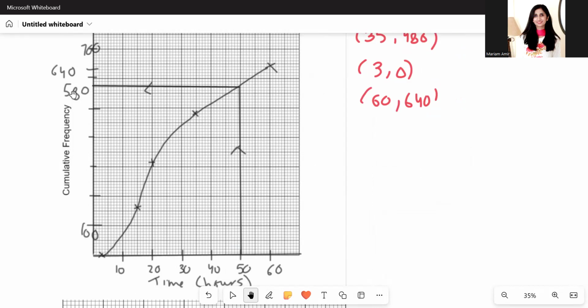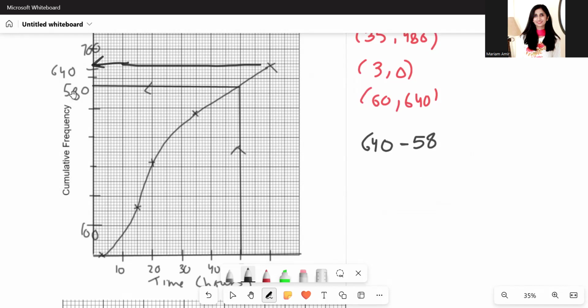But since the question says more, you're going to subtract it from your highest Y value on the graph, which is this 640. So we do 640 minus 580, which is giving me around 60. So according to your graph, you will give your answer. The marking scheme usually has a small range that your answer must lie in.